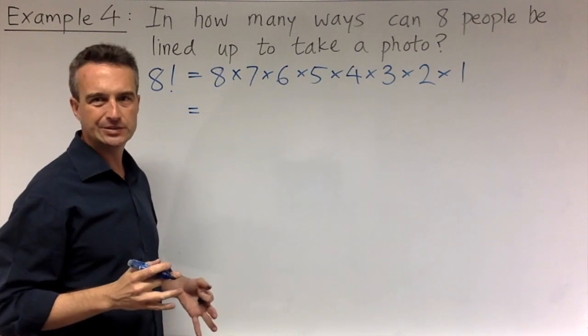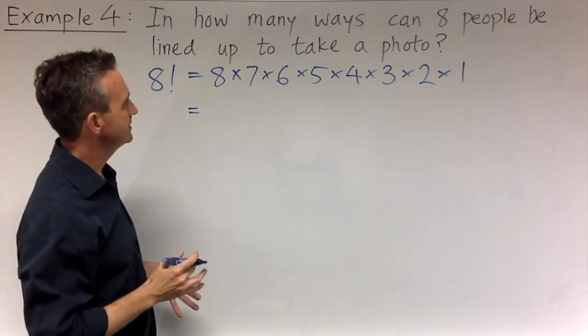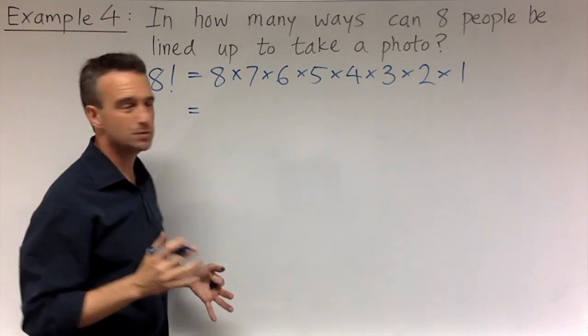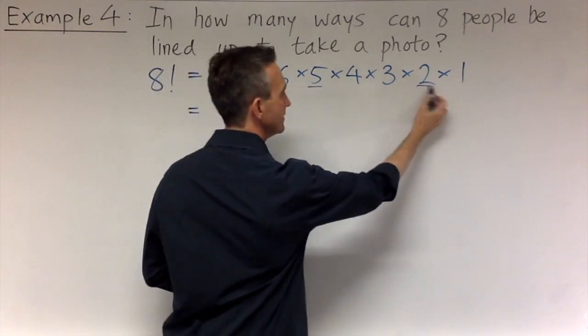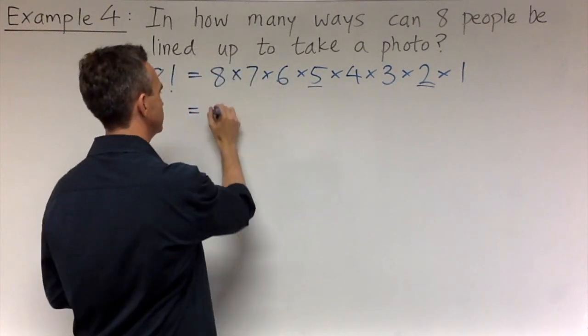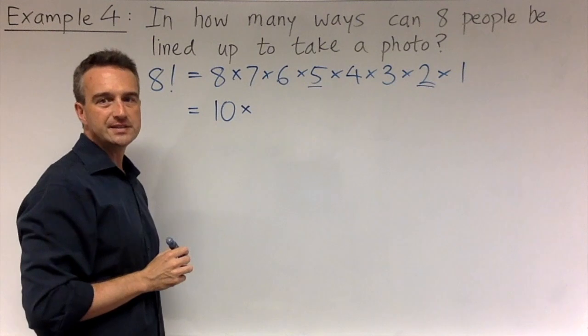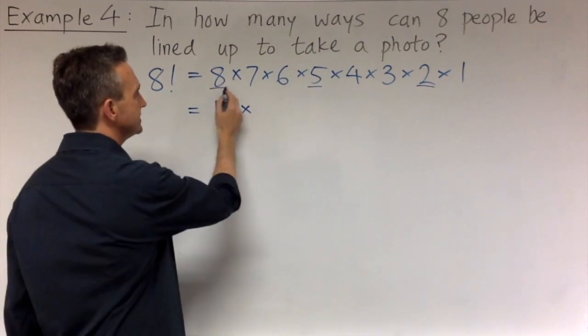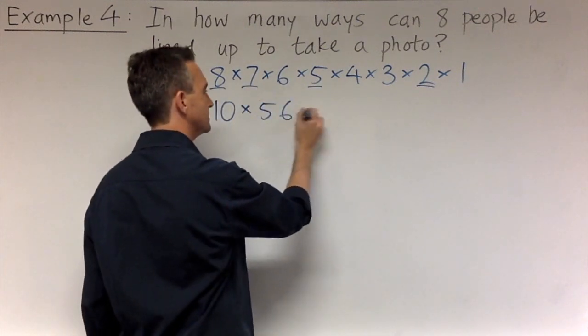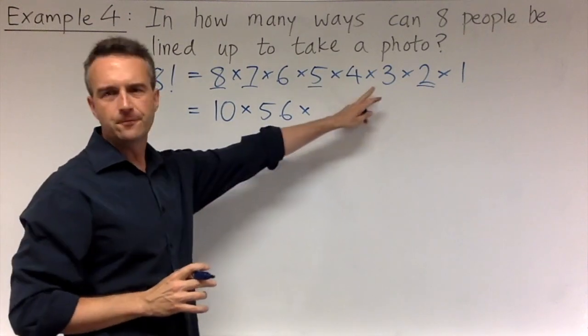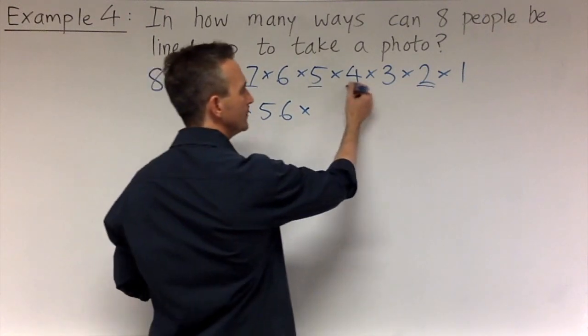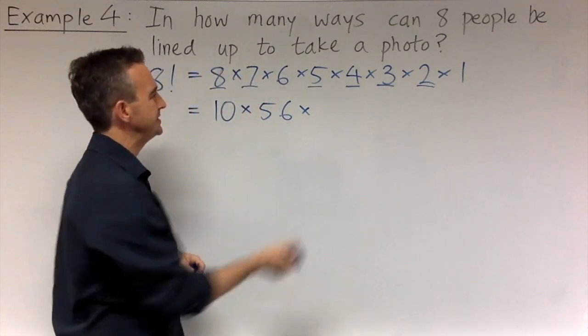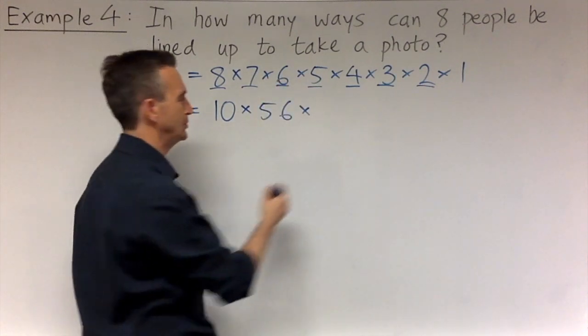What's the easiest way to do this? Okay, 5 times 2 is 10. I might bring that to the front. And then 7 times 8 is 56. And then 4 times 3 is 12. And 12 times 6 is 72.